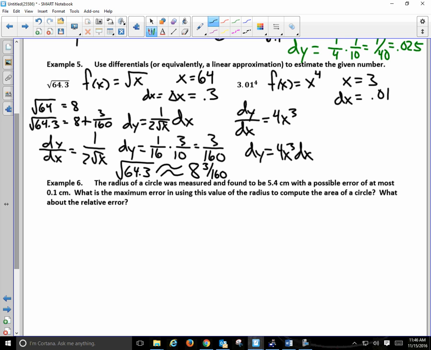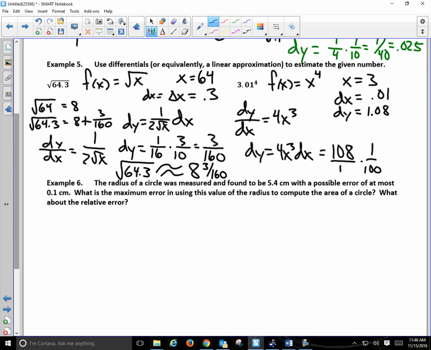If we plug in 3, 3 to the third is 27 times 4, 108 times 1 over 100. You get 1.08. So if we move dx 0.01, we should move dy 1.08.